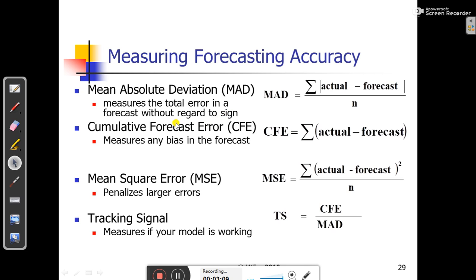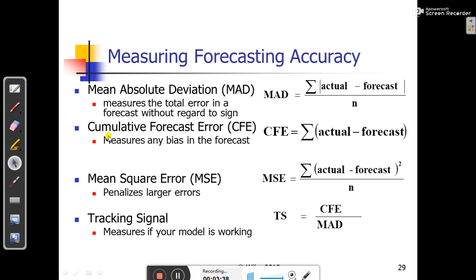MAD equals the summation of the absolute value of actual values minus forecast values, divided by n. So this is the mean value of the differences between the actual and the forecast, and that is the absolute value, so no positive or negative here. That is why this is the mean of all the error.